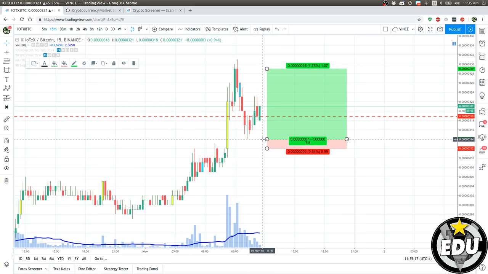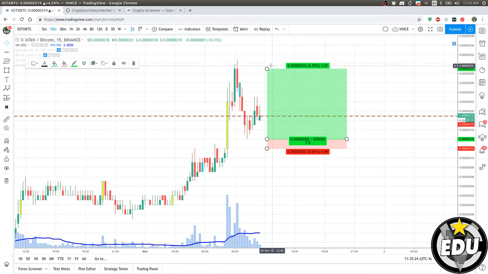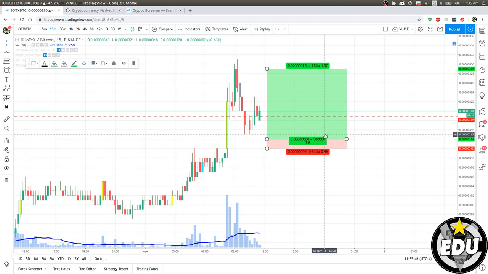If it bounces on this level and the coin goes up 4%, up to the all-time high here, with the stop loss just right below this low, this will be a 7.5 risk reward trade, which is a lot. So if you're risking one, you're gonna make 7.5 here. That means you can even lose 3 times this trade and still make lots of money on this one.